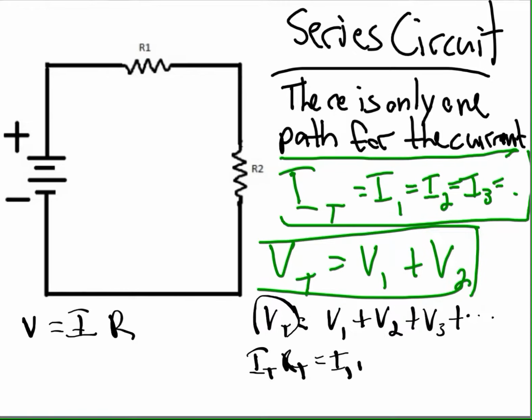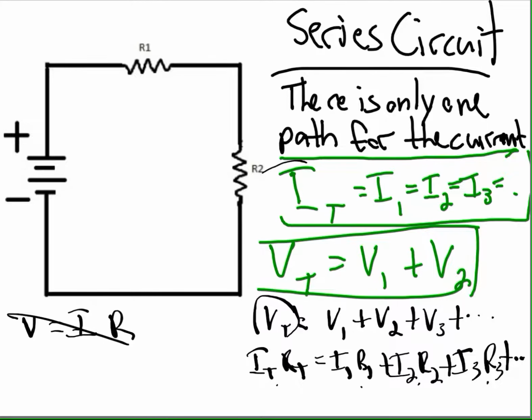This would be I1, R1, I2, R2, and so on and so forth. Now, almost there, because now we have an R in every single one of our terms. But we want a rule for just R, not for I and R. But we could take advantage of this.